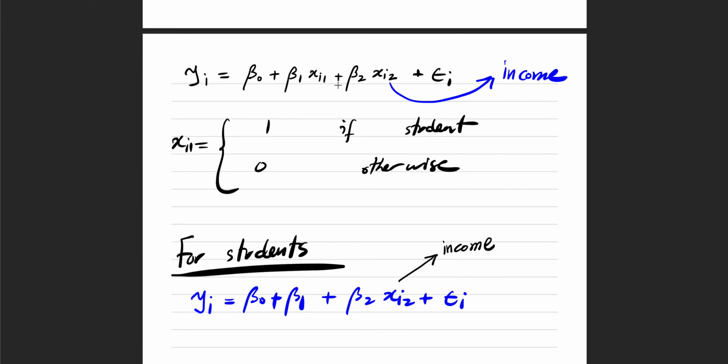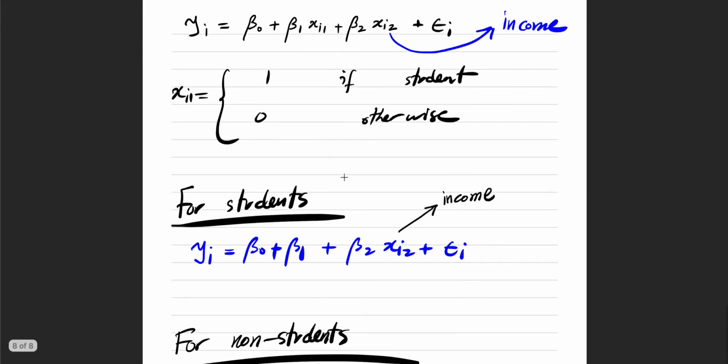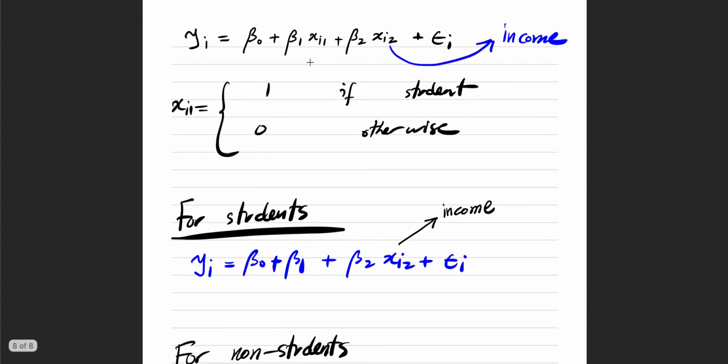This can be summarized into two regression models. One for students, where the predictor student is 1. So you have yi equals beta 0 plus beta 1 plus beta 2 xi2, which is income, plus the irreducible noise error.